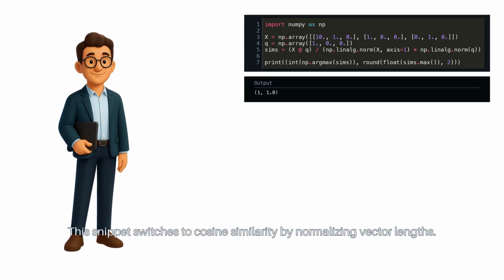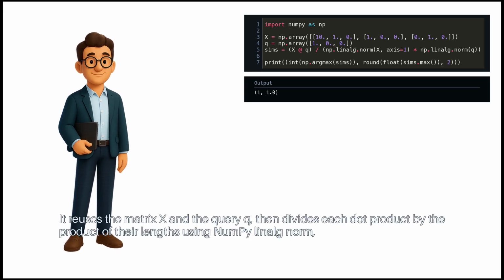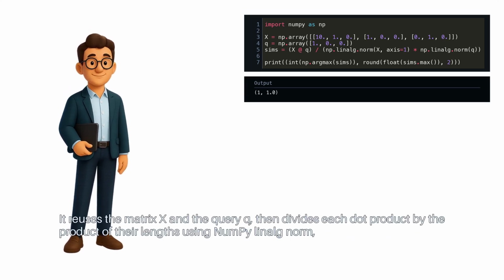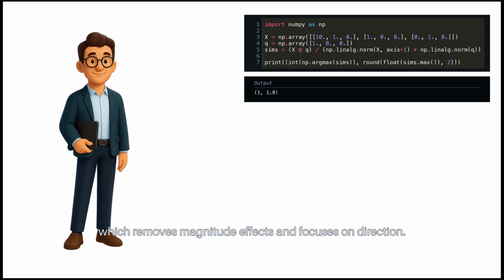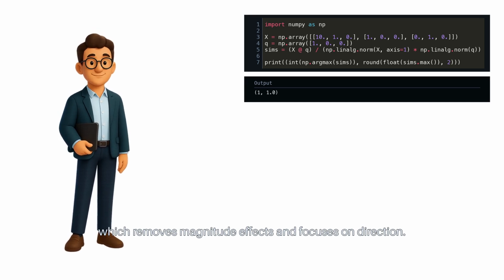This snippet switches to cosine similarity by normalizing vector lengths. It reuses the matrix x and the query q, then divides each dot product by the product of their lengths using numpy.linalg.norm, which removes magnitude effects and focuses on direction.